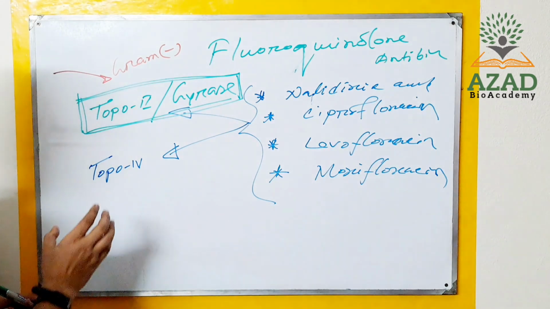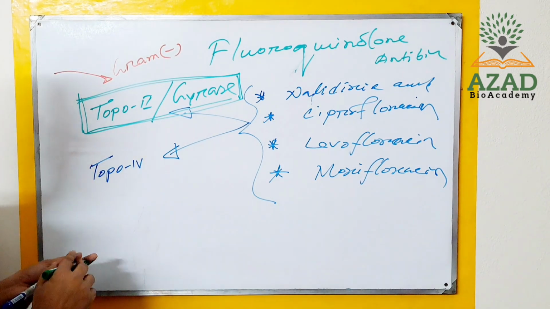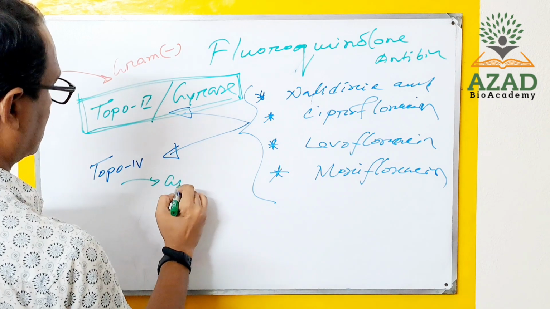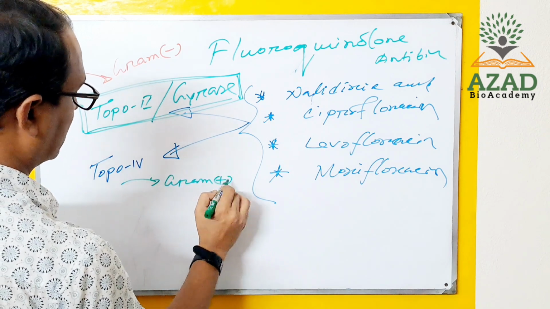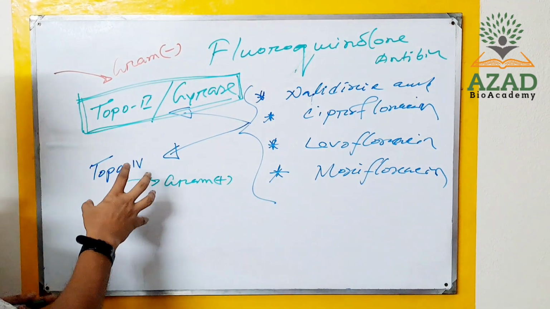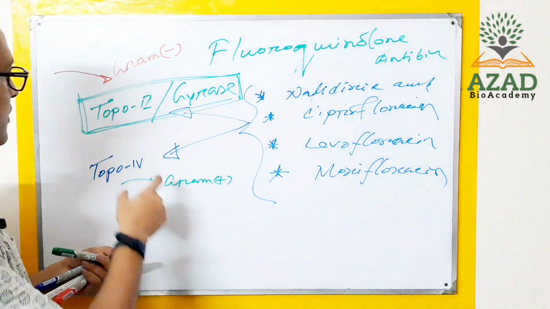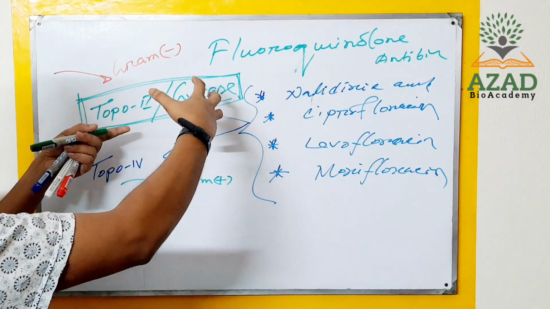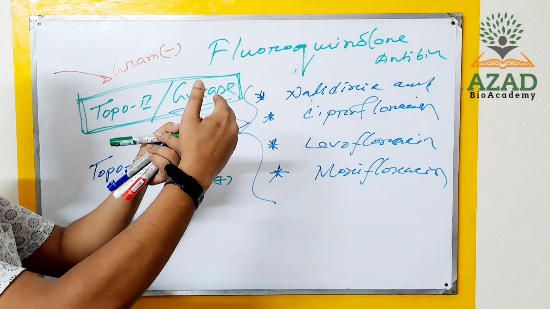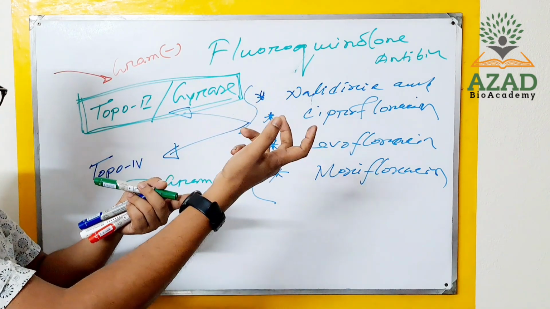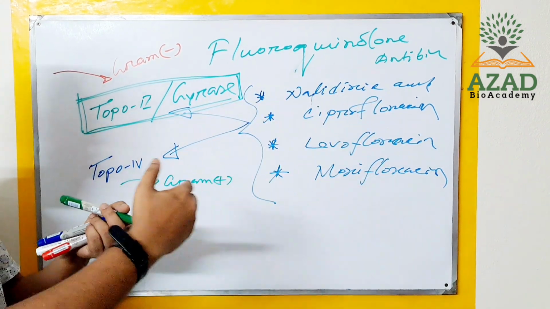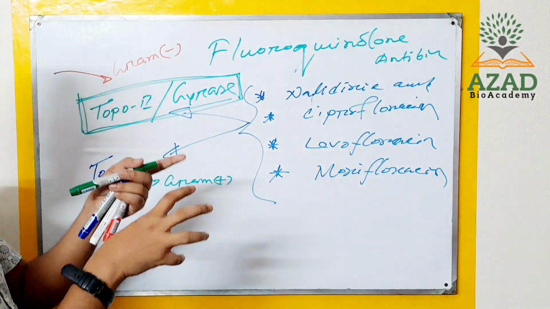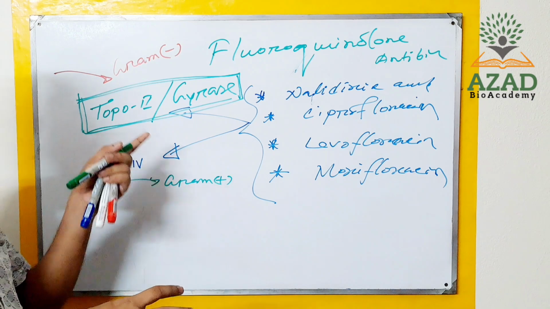Okay, and topoisomerase 4 is very prominent in gram positive bacteria, because during segregation, when the replication process is higher, then positive supercoil will form in front of the replication fork, that means the upstream area. So it is very important for topoisomerase 2 to function.